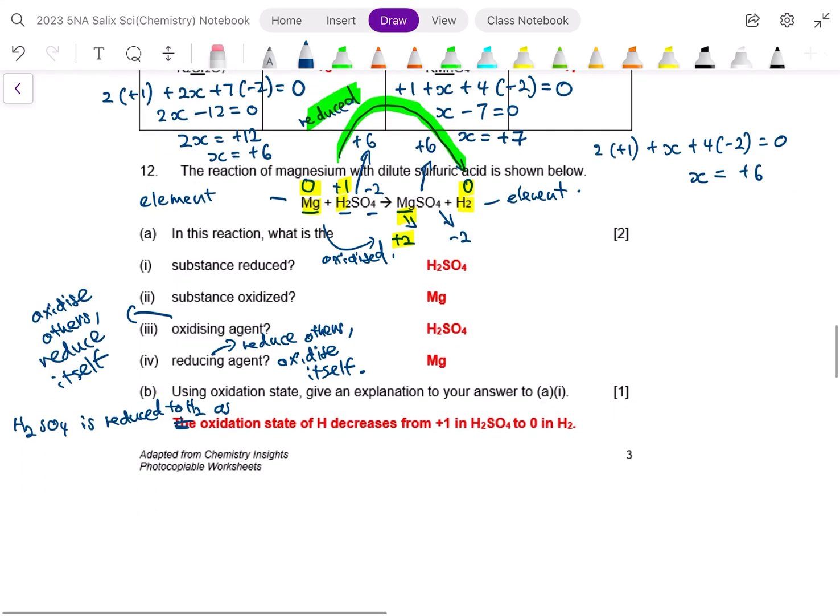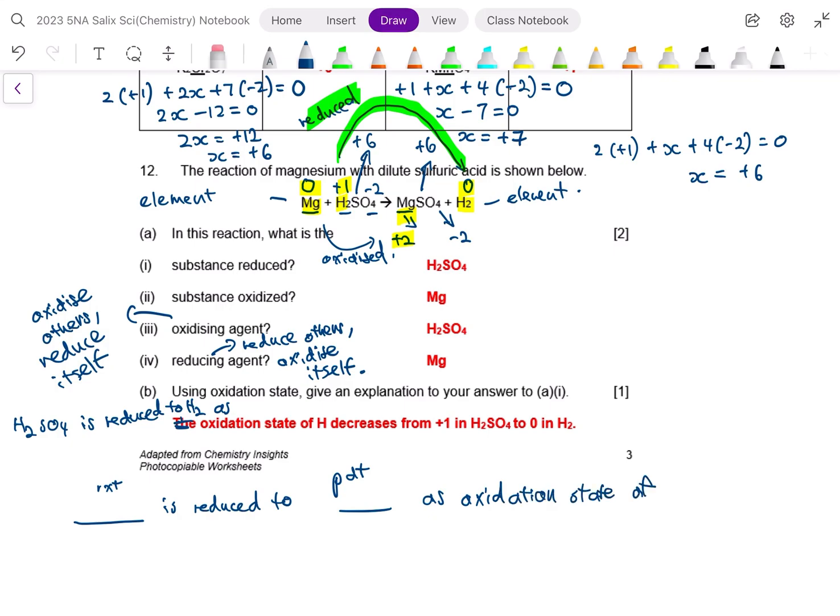So remember the template: say what reactant is reduced to which product, as the oxidation state of which element decreases from whatever oxidation state in whichever reactant to whichever oxidation state in whichever product. So fill up the spaces in this template accordingly.